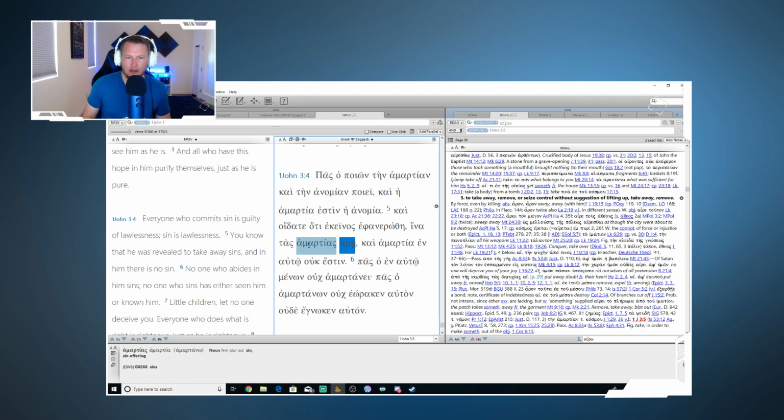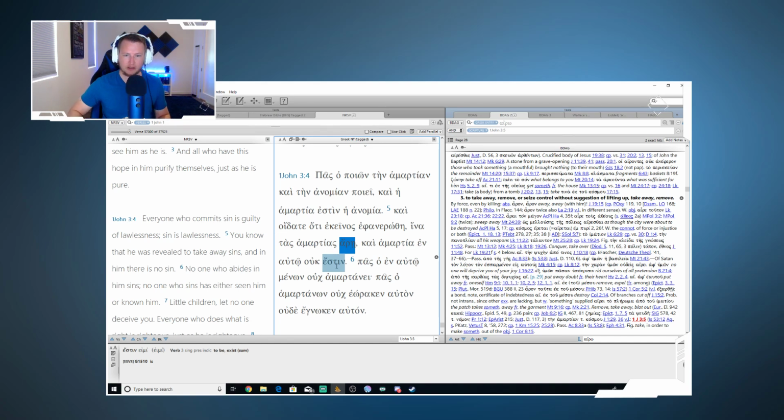And sin is not in him. So we have sin is not in him. Here we have a required dative. Dative following a preposition and requires dative. So required dative after preposition.